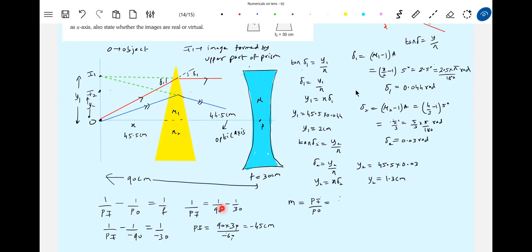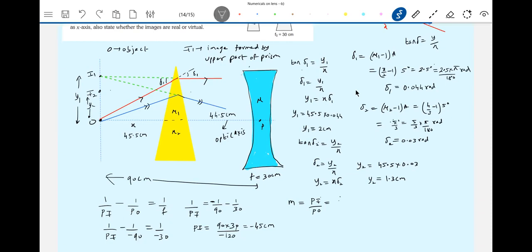Solving this, 1 by v equals minus 1 by 30 minus 1 by 90, which is minus 4 by 90, so v is minus 90 by 4, which is 22.5.